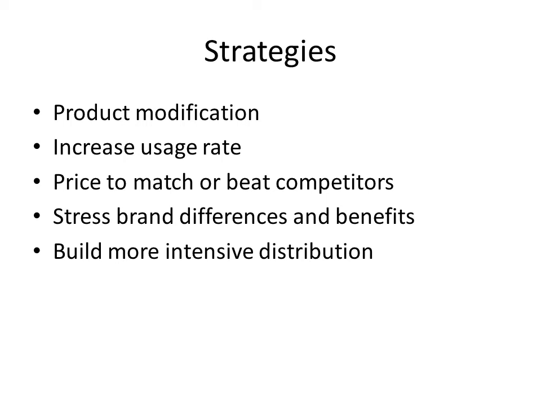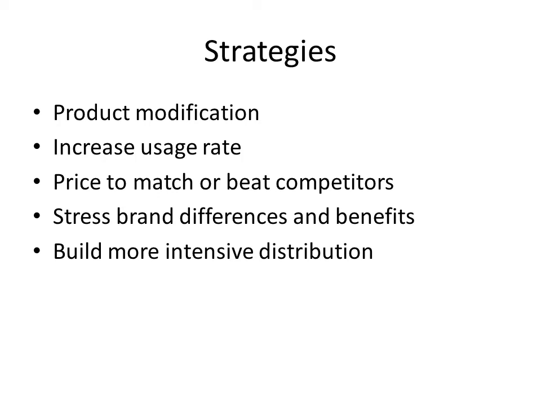Increase usage rate. Now, to understand alternative ways to increase sales, you can refer to table 12.1 in Kotler. You can also go through the Ansoff matrix, which again gives you various strategies in which you can increase sales. But clearly at this point in a saturated market, you would be aiming to win over your competitors' customers, right?